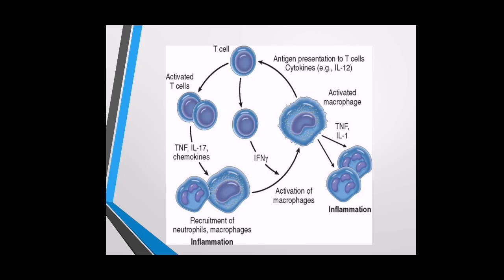Macrophages display antigen to T cells, express membrane molecules called co-stimulators, and produce cytokines such as interleukin 12 and others that stimulate T cell responses. Activated T lymphocytes produce cytokines which recruit and activate macrophages, promoting more antigen presentation and cytokine secretion.